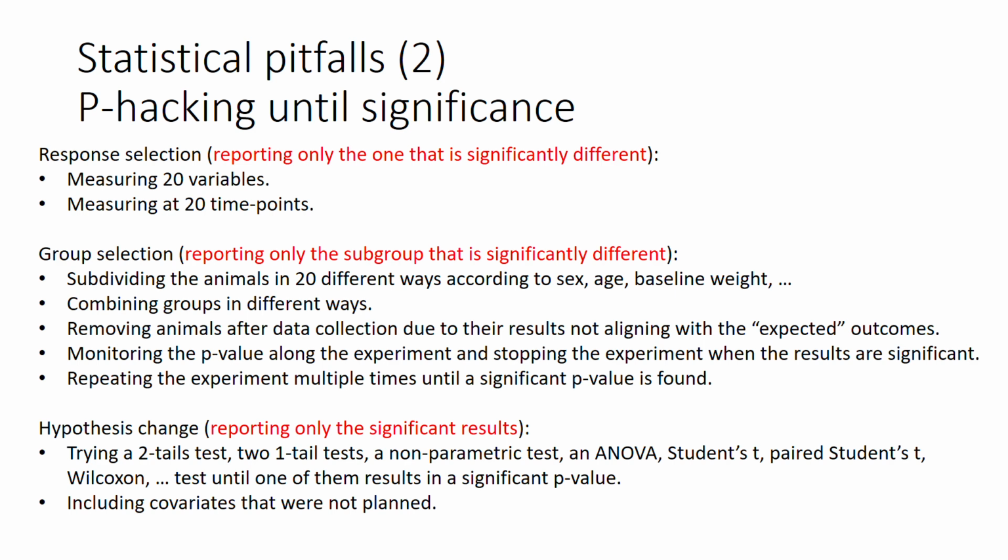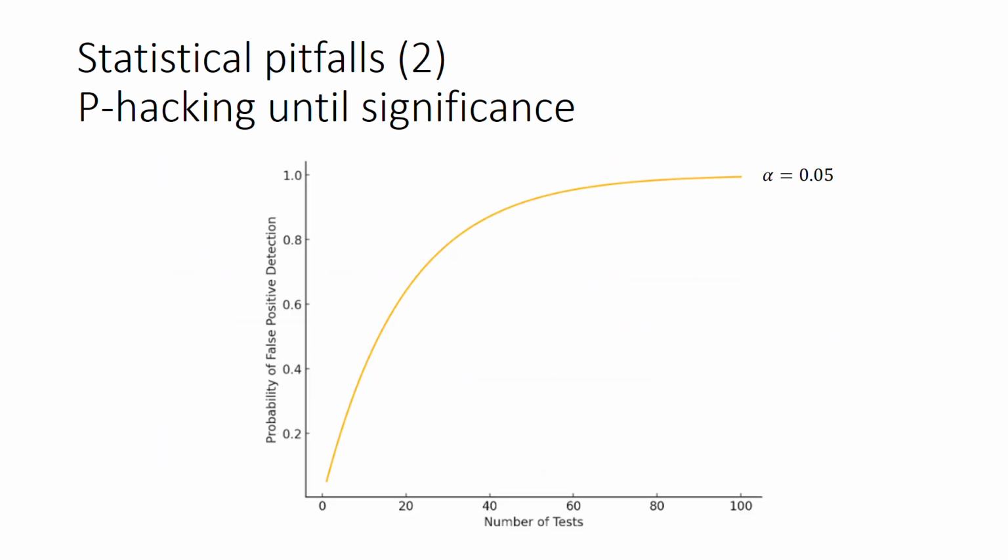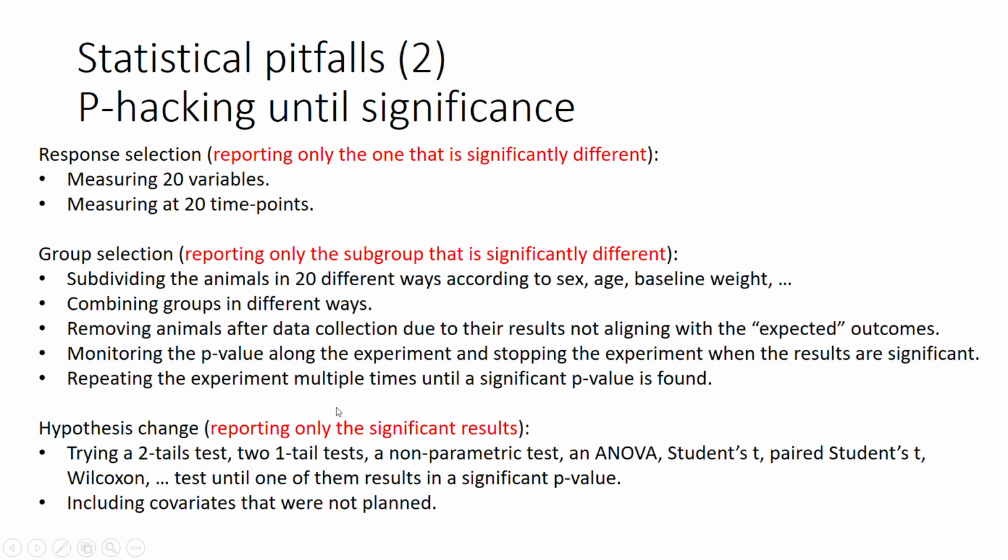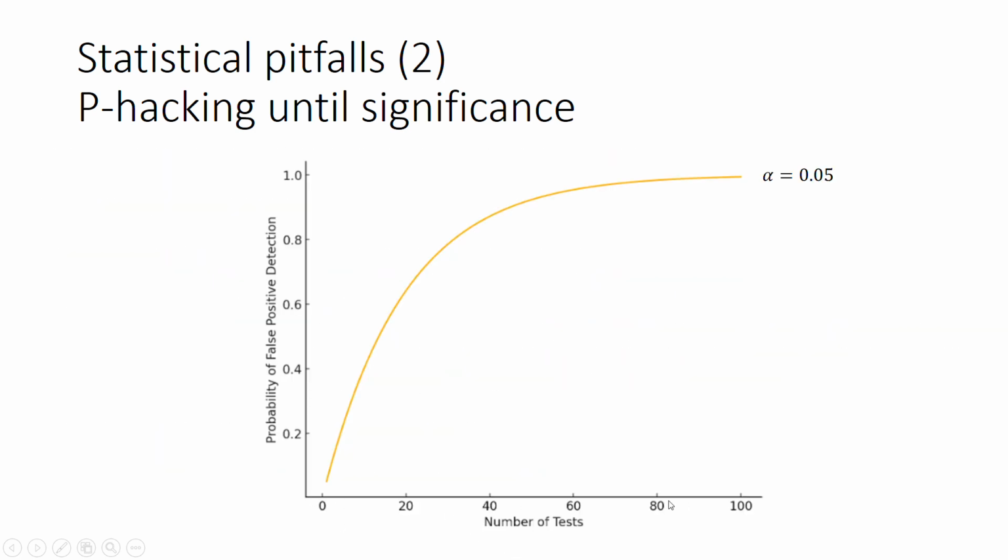This is p-hacking: as the number of tests increases, and in all these situations what they have done is increase the number of tests, the probability of false positive detection increases.